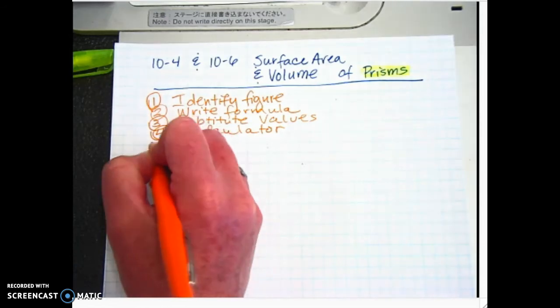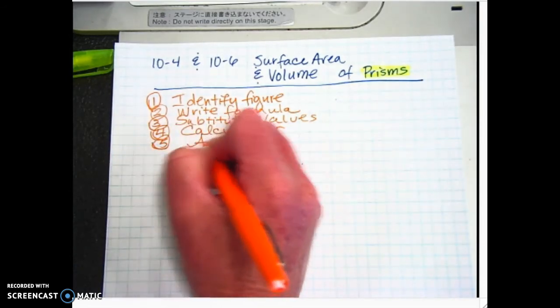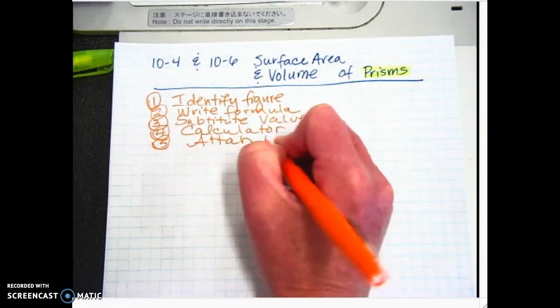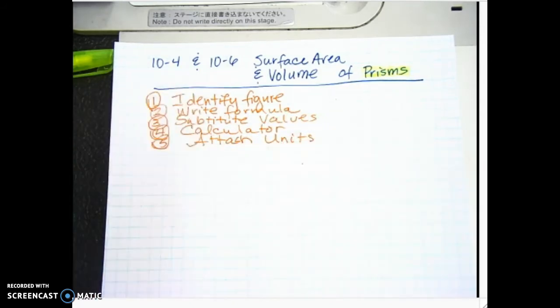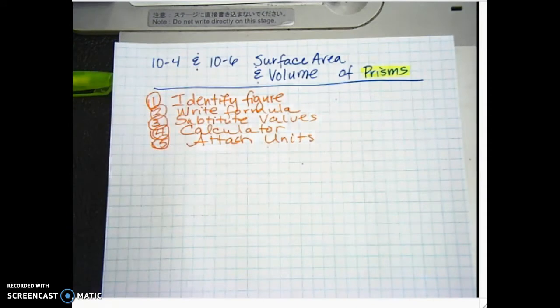And 5, you're going to attach the correct units. All right, so that's how we're going to do all of the surface area and volume problems.